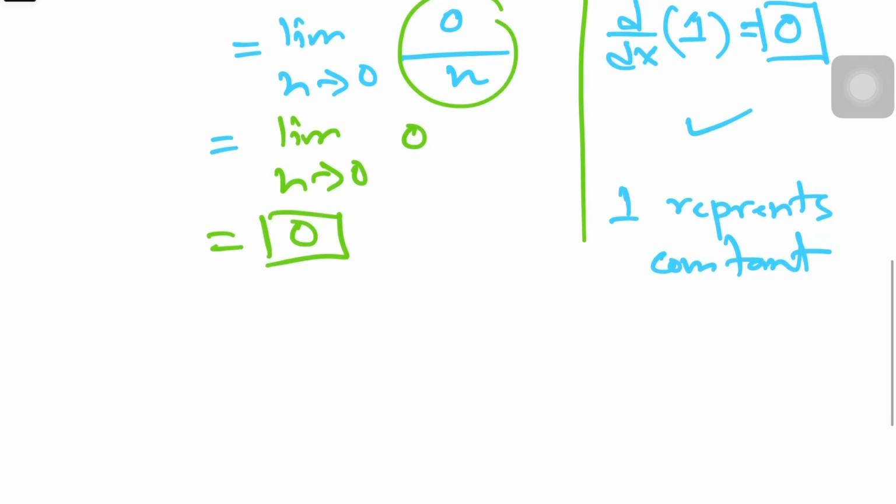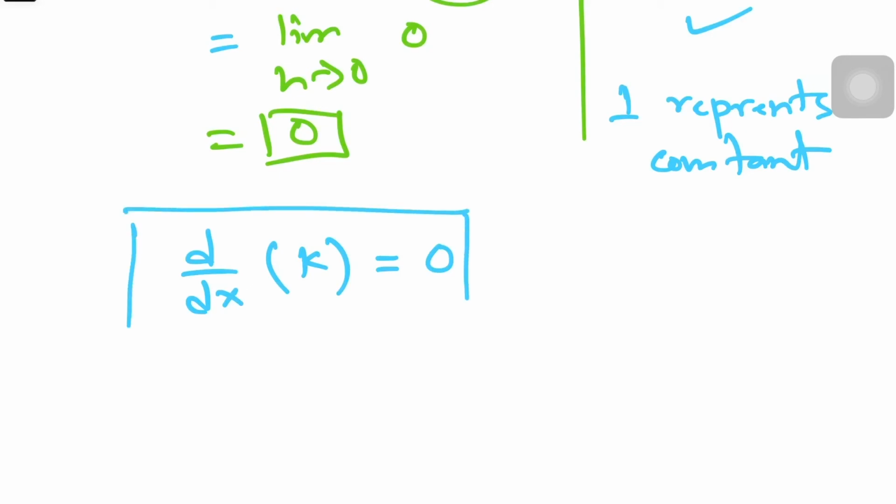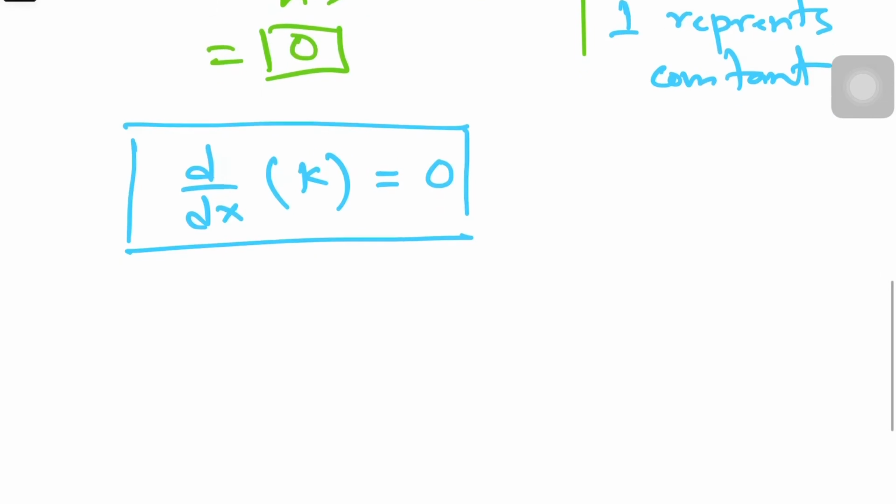So the whole idea is, if you take the derivative of any constant, the answer will always be 0. Your constant can be 1, 2, 3, 4, 5, pi, e, things like that. So let me also talk about that issue.